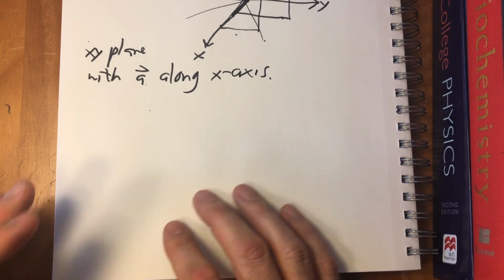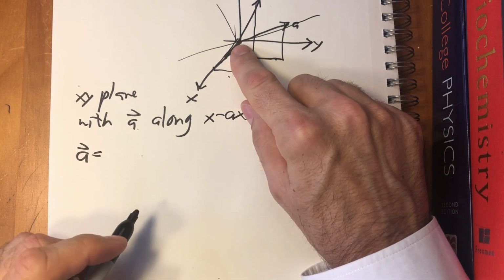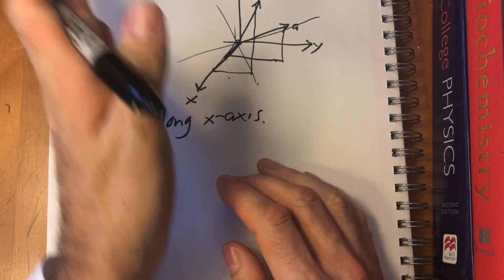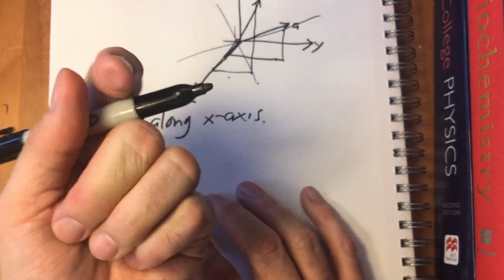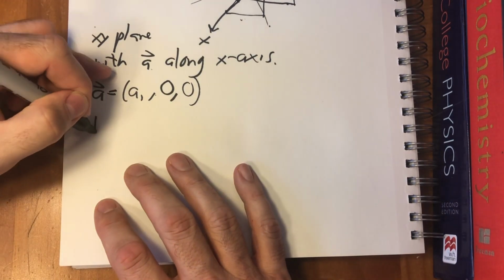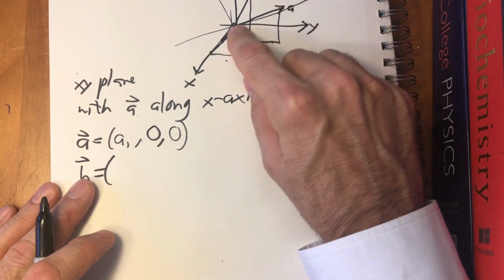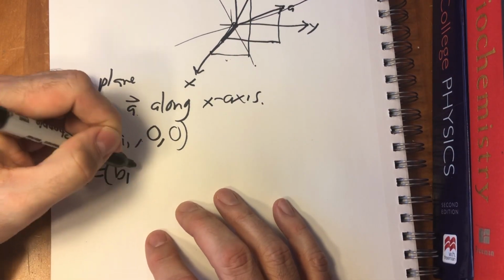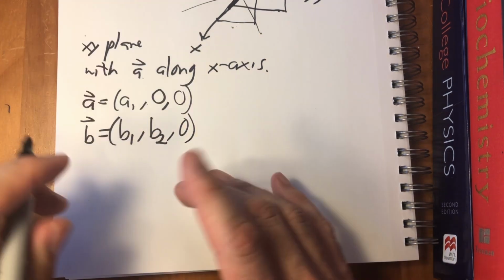Okay, so in that case, A has a component along x, so that's A1, no component along y because it's parallel with x, and no component up from there because it's on the x-axis. B, then, has some measure along x, and also a component along y, right?